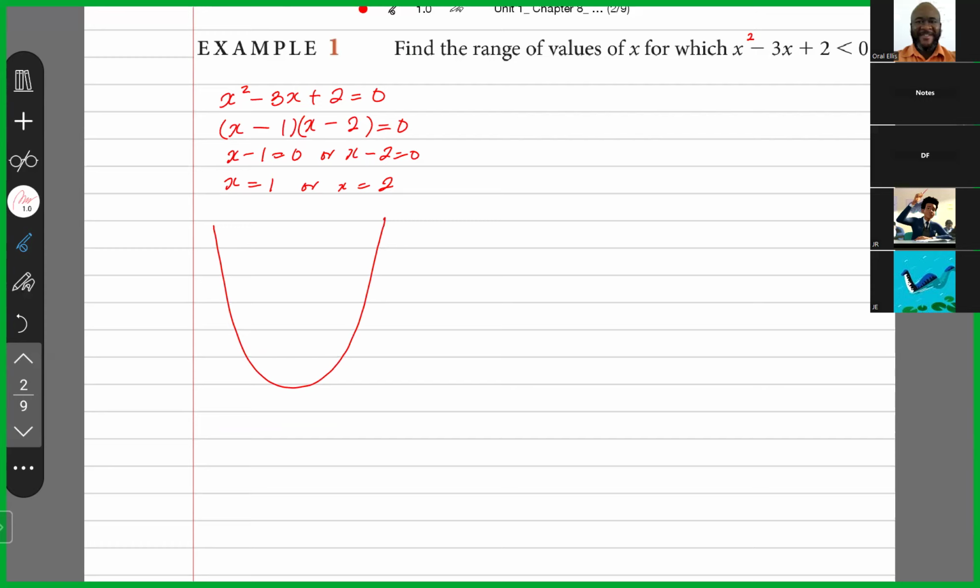It's a smile parabola. This is my x-axis. And the x-intercepts are 1 and 2. Those are my x-intercepts. All right, so let us say the y-axis is over here somewhere.